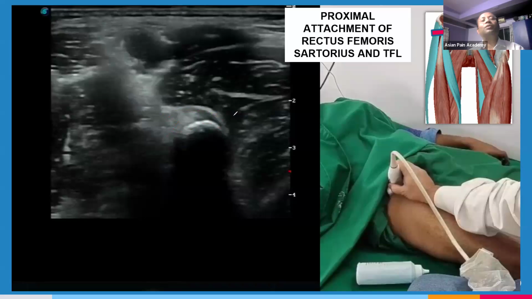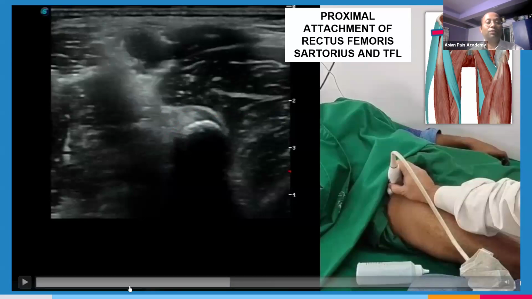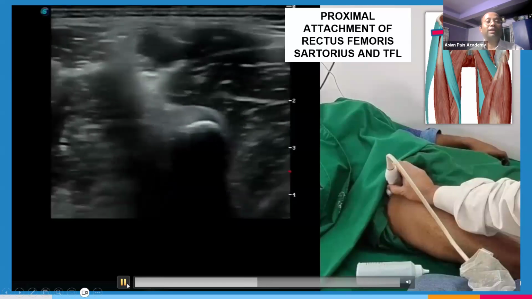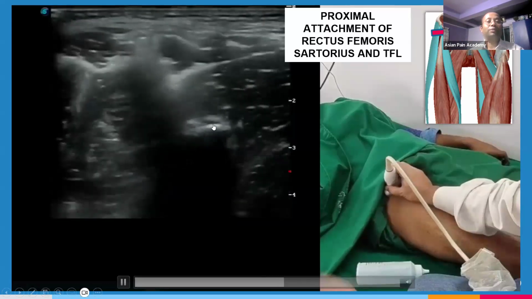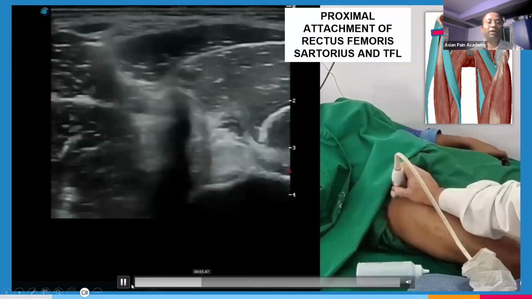Direct tendon. Rectus femoris has multiple tendons. It has three tendons actually: direct tendon, indirect tendon, and one reflection. So this is the direct tendon that we are seeing when it is coming and joining in the anterior inferior iliac spine.